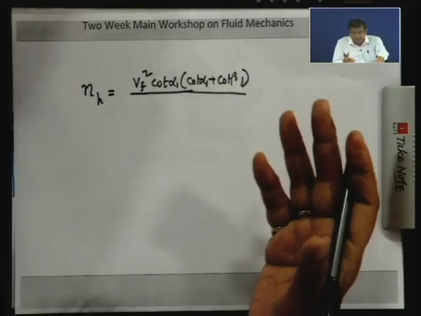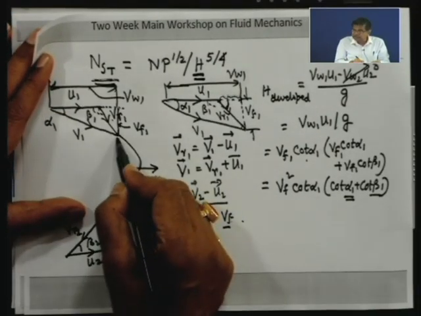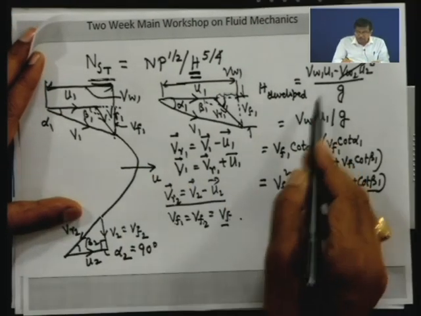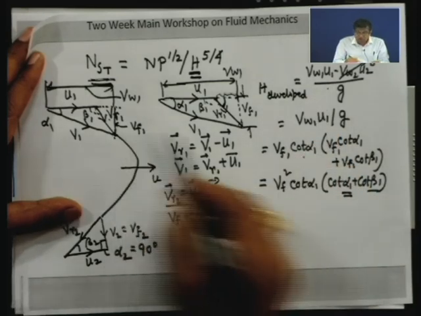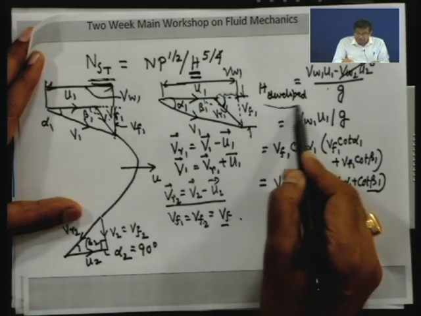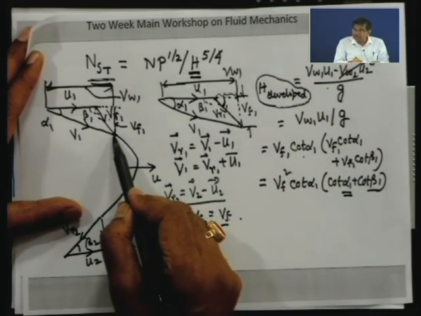I do not know the energy at the inlet to the blade. I only know the head delivered by the blade, but this inlet energy I can know in another way: if the head delivered is added with the losses, that will be the head available at the inlet.